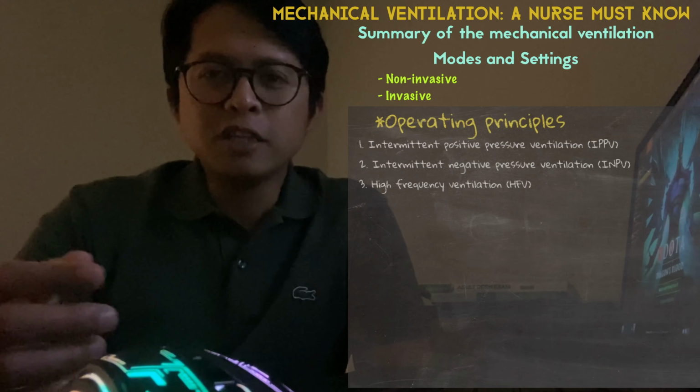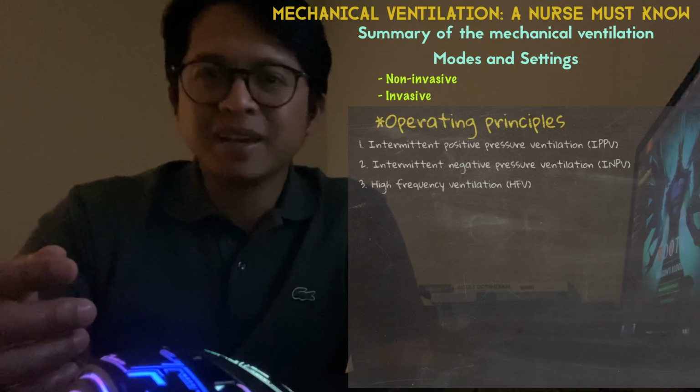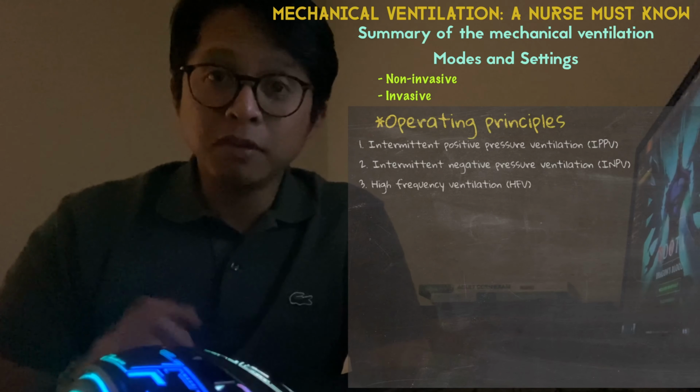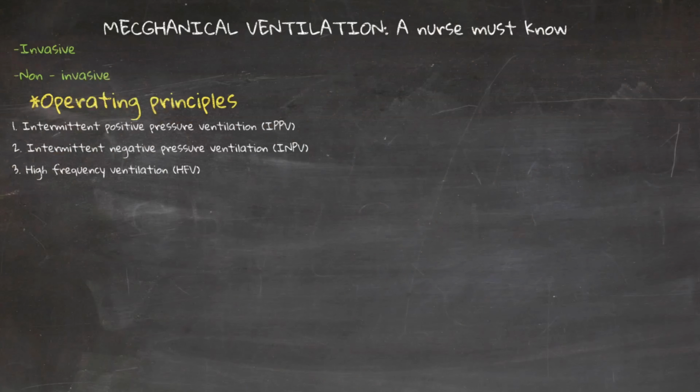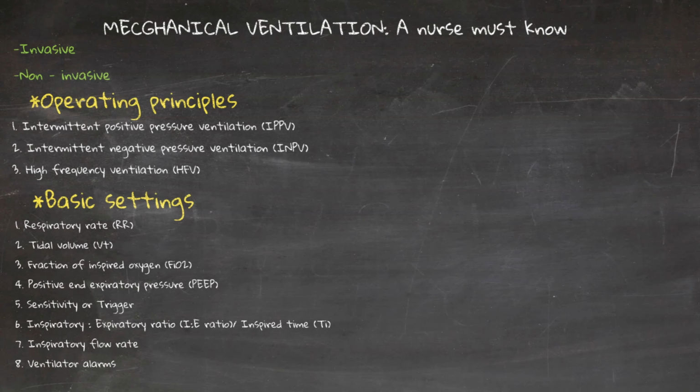Okay, let's talk about the modes of mechanical ventilation. But before we move on to that topic, you need to first develop an understanding of the mechanical ventilator settings. Actually, I've discussed most of the settings already in the previous video.